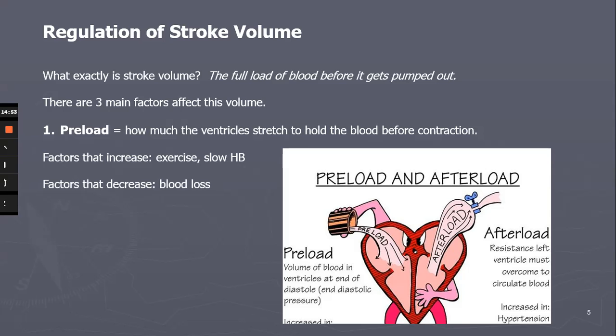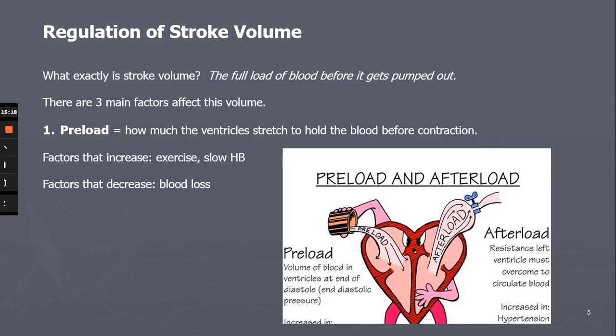Imagine what's going on. Blood is going into the right atrium, down to the right ventricle, and because it has slowed down, it gives it more time to load in the blood, and therefore more blood in there, and that means more preload.